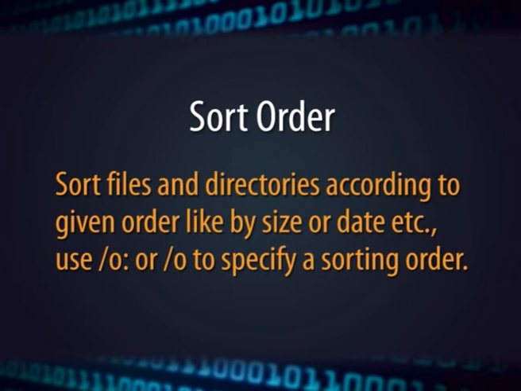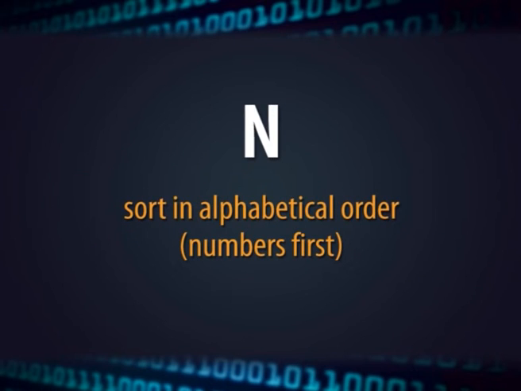Sort order. This option sorts files and directories according to a given order, like by size or date. Use /o: or /o to specify a sorting order. The following options are in capitals. N will sort in alphabetical order with numbers first.